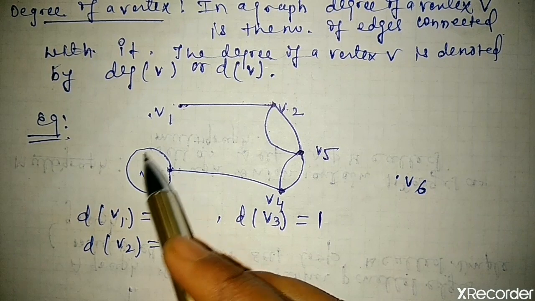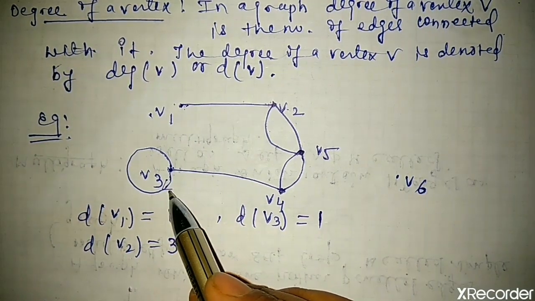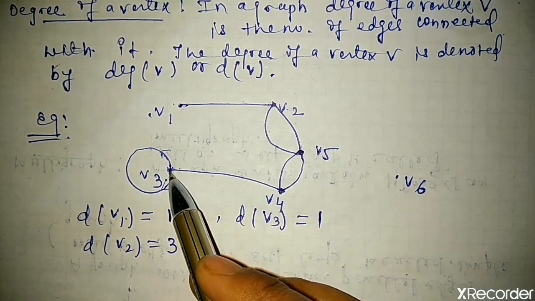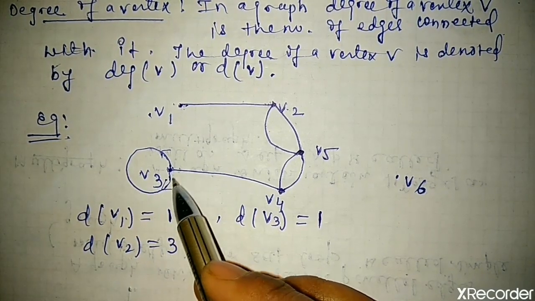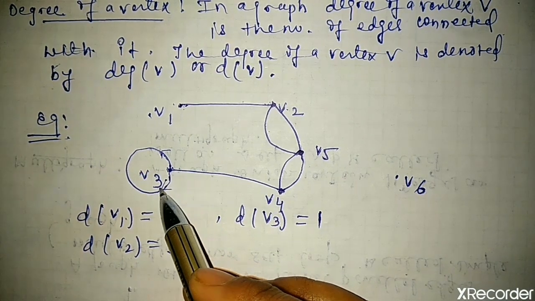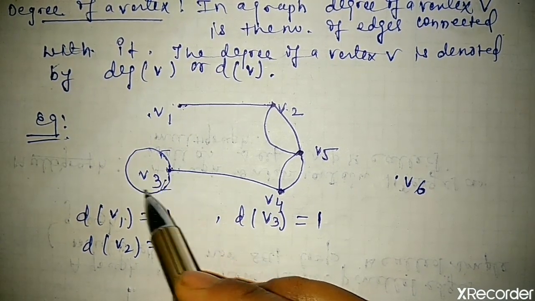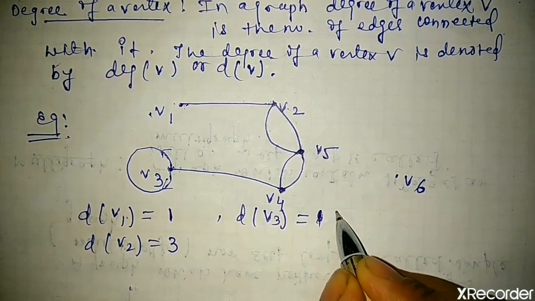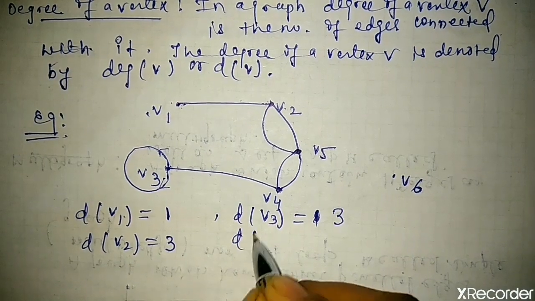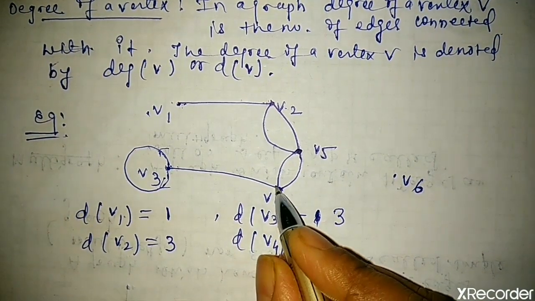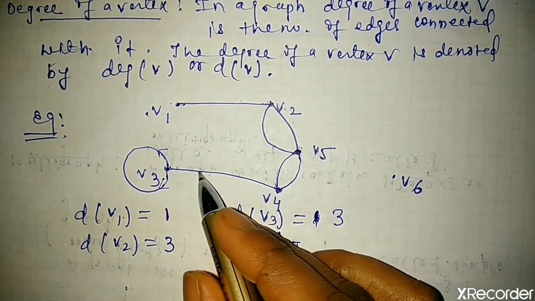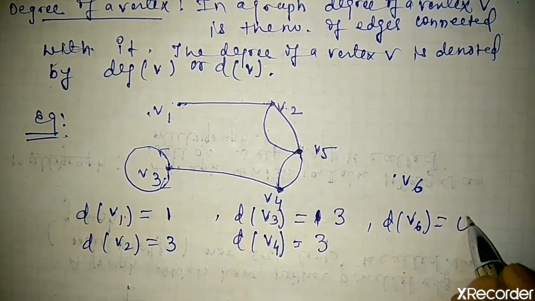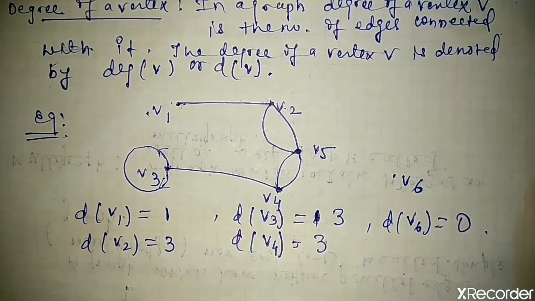From V3 we have the self loop, so counting the edge and the two ends of the loop, we have 1, 2, and then 3. So here it is 3. Now the degree of V4 is 1, 2, 3. The degree of V6 is 0, because it has no edges.